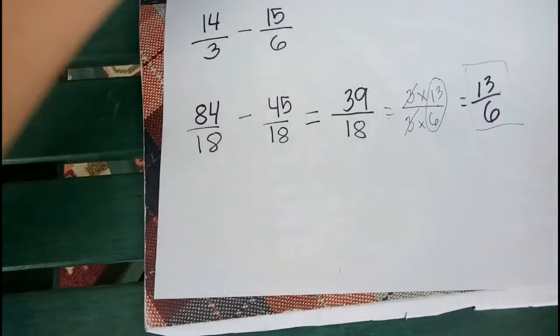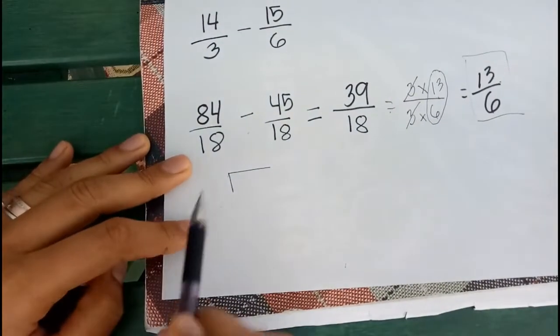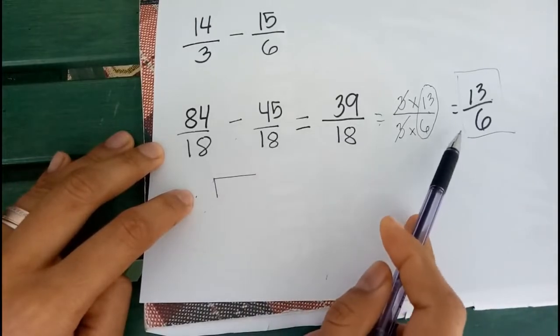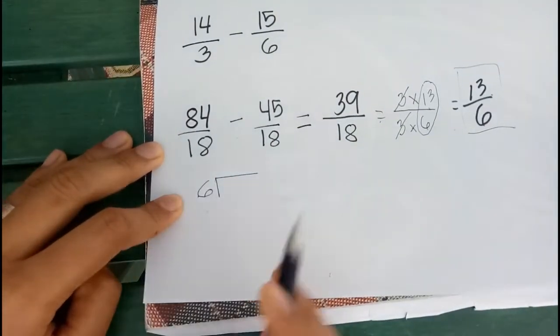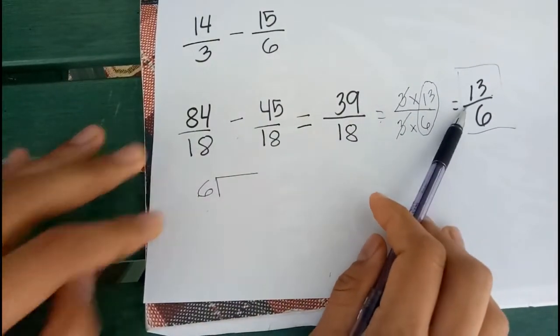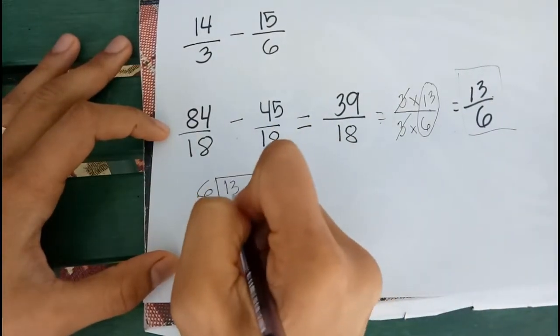And I am going to use division. For our divisor, or the number outside, it's always our denominator. And here we have 6, so we put 6 outside. And then for our dividend, that will always be our numerator. And for this example, we have 13, so I will write 13 over here.